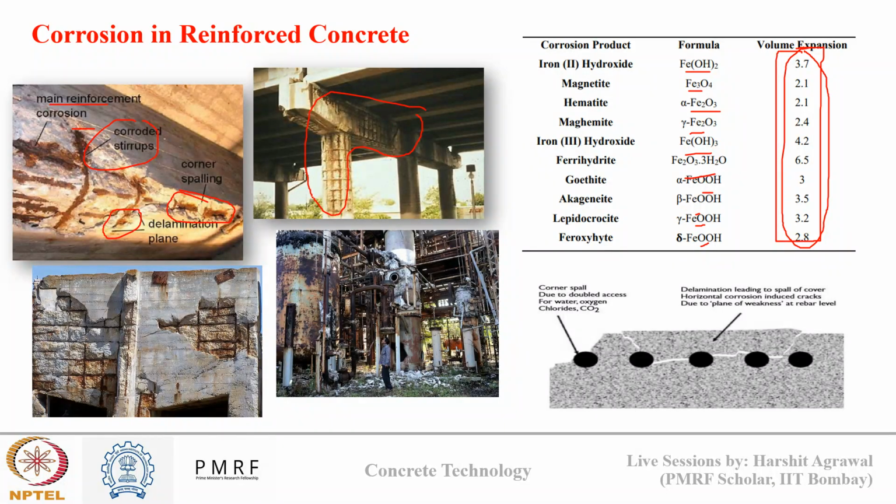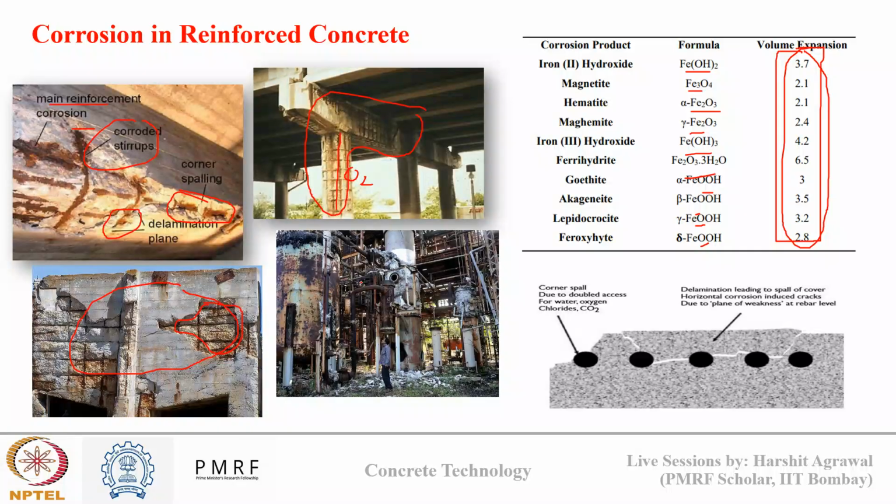There was concrete cover over the top of the reinforcement, but due to rusting, the whole concrete surface has collapsed, and my steel is directly exposed to oxygen now, which will corrode at a very fast rate. Here again, you can see a wall which has got severely corroded, and the spalling that has occurred over the surface of the wall.